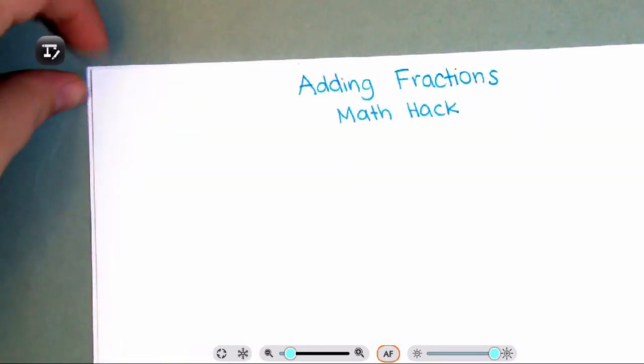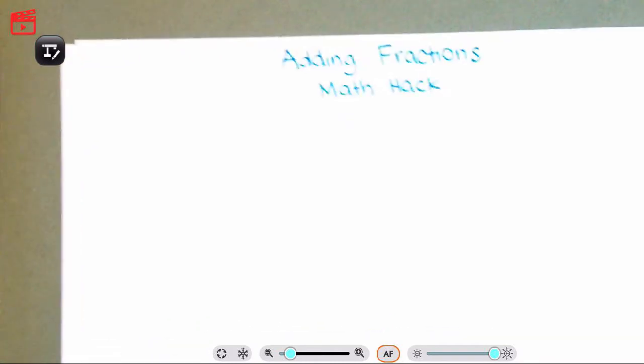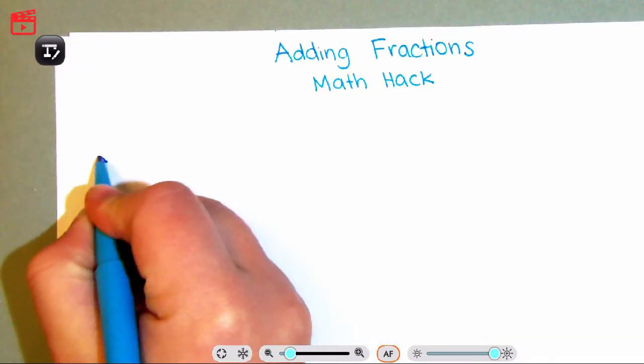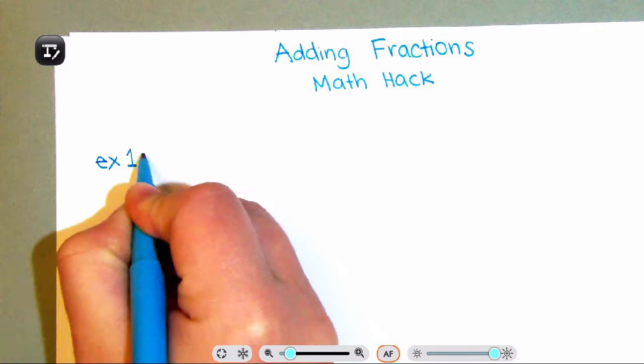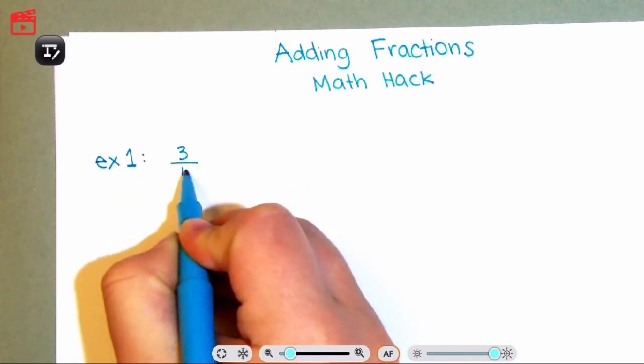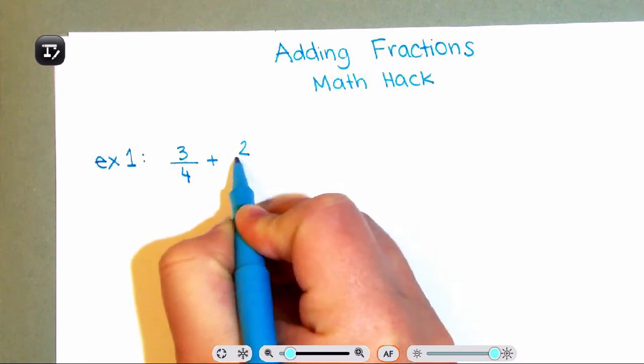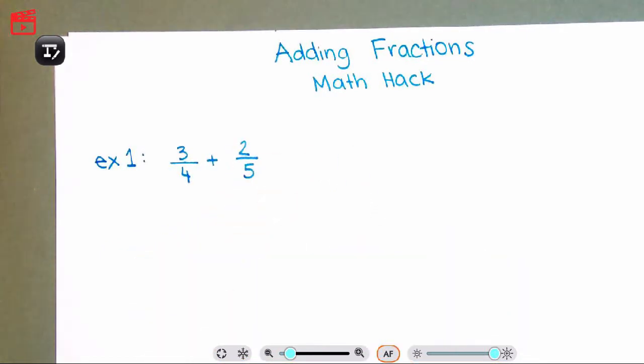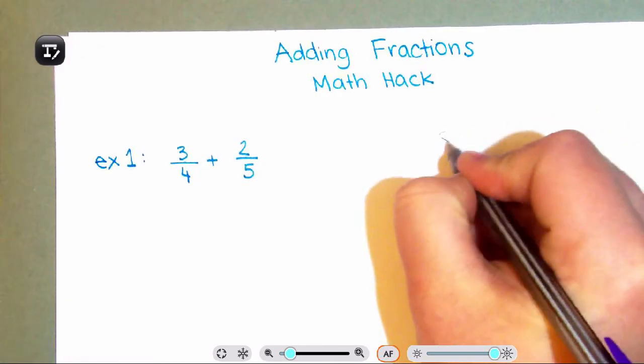Now I'm going to start with the example that they used in the video, and then I will write the steps off to the side. So what they used in the video is 3/4 plus 2/5. And I'm going to write your steps here if you want to follow along.